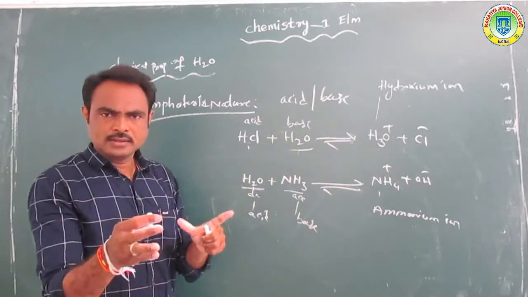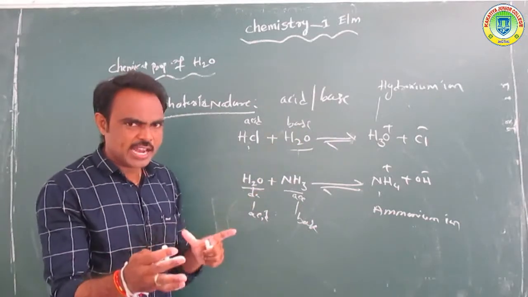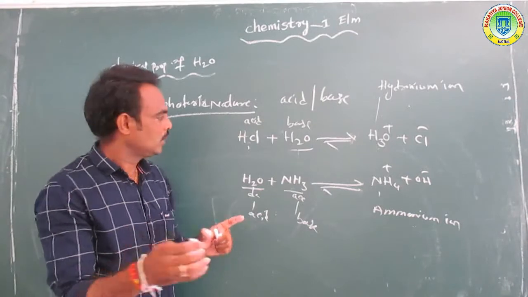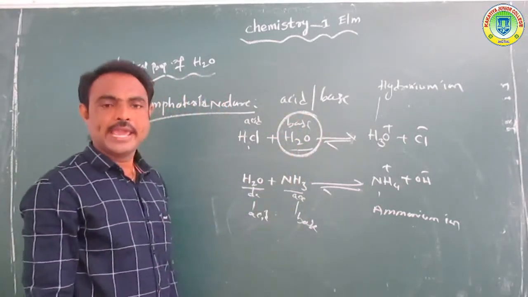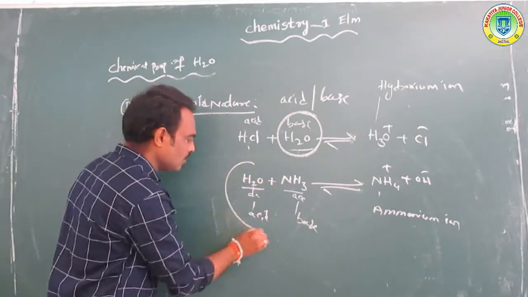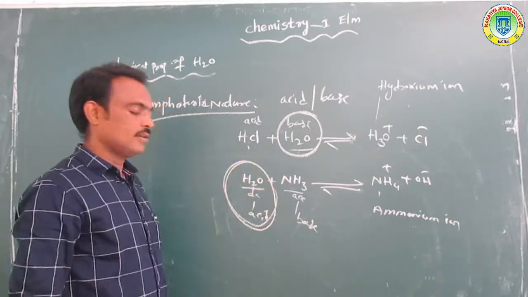So listen, in these two reactions, what is the concept? In the first reaction, the water molecule acts as a base. In the second reaction, the water molecule acts as an acid.